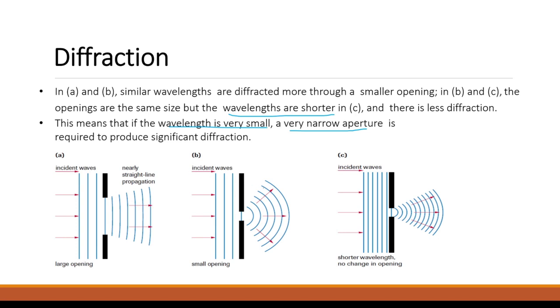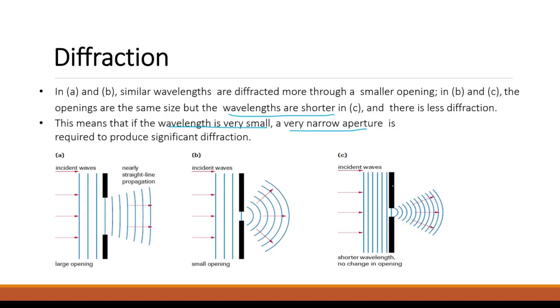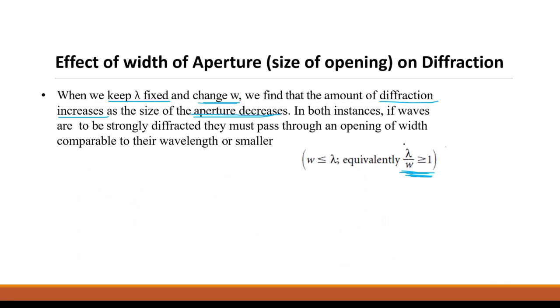And this is showing the same thing, this ratio of wavelength to aperture width. If our wavelength is very small and the aperture is a giant width, this ratio is going to approach 0, really, so we're not going to experience diffraction like that.